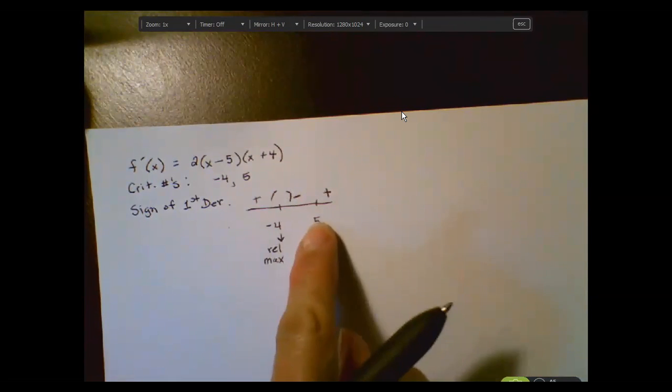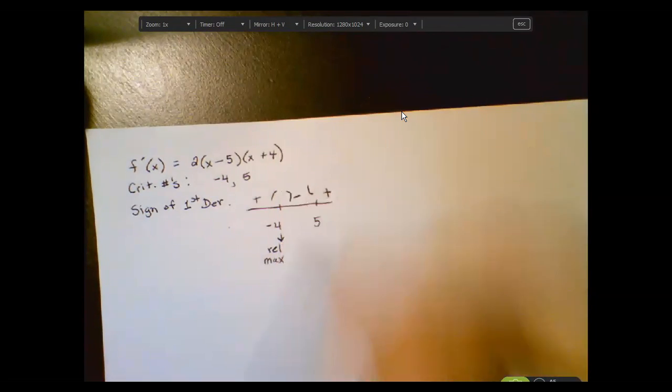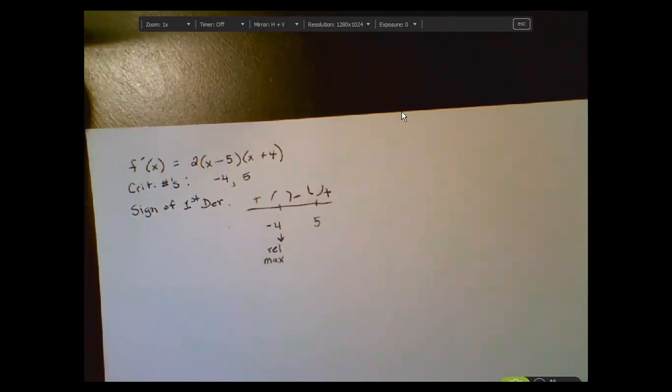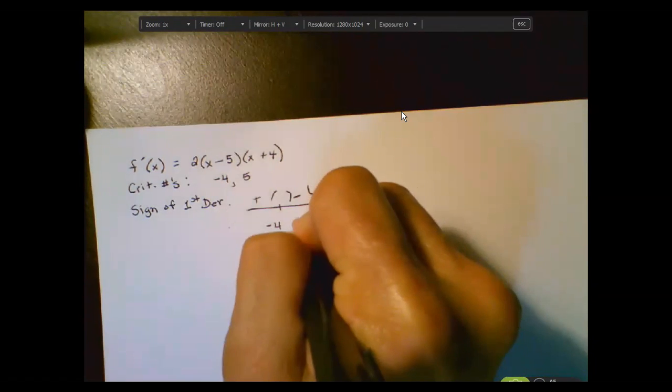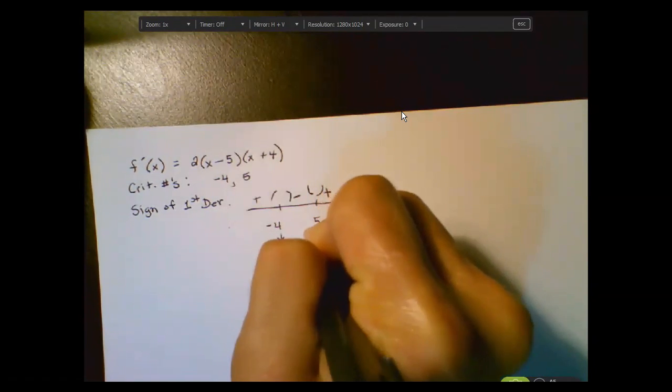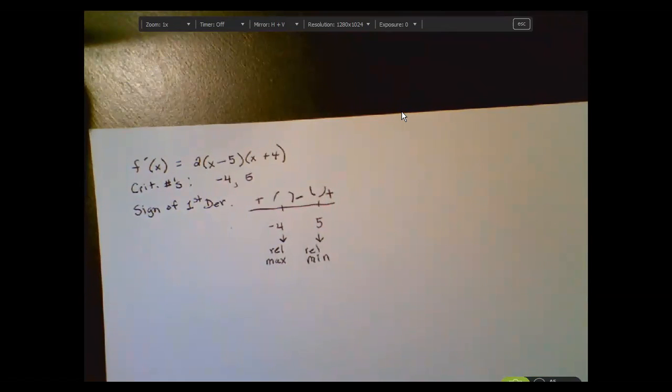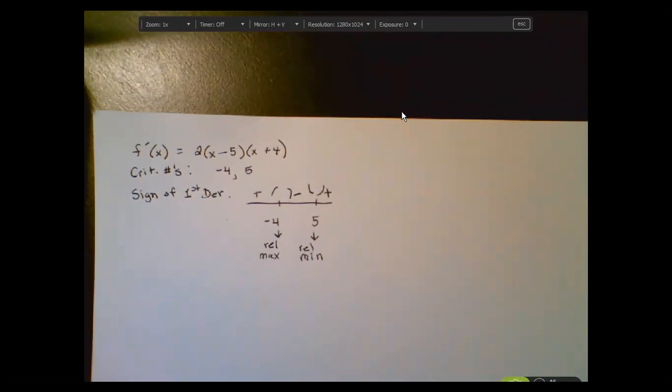And at 5, the function was going downhill, and then it changed and started going uphill. And so 5 is where there's a relative what? Minimum. Yep. And that's pretty much all there is to 4.3.